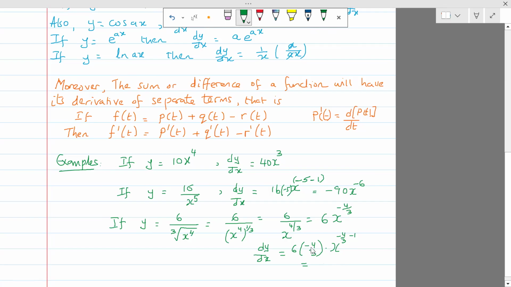And this becomes, 3 goes into 6 twice, so minus 8 x power minus 4/3 minus 1, which is minus 7/3. This becomes the answer.